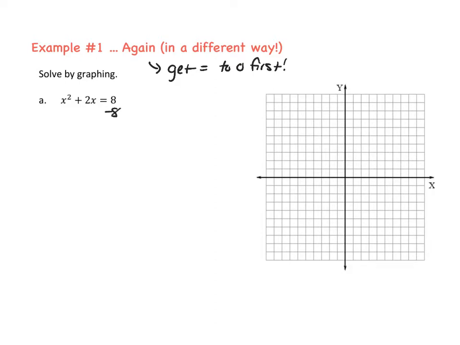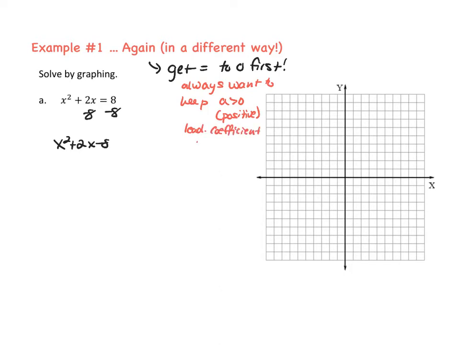So if we subtract 8 from both sides, we remember from factoring that we always want to keep a positive leading coefficient. I wrote it as being bigger than 0, but we want to keep a positive, in other words, the leading coefficient.